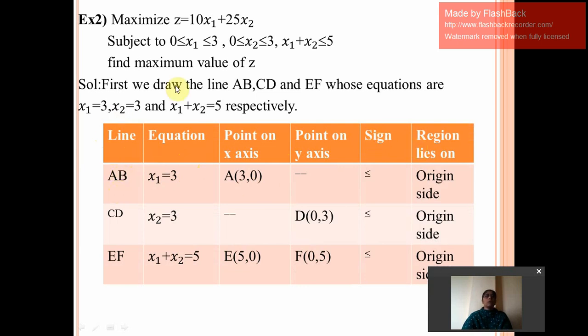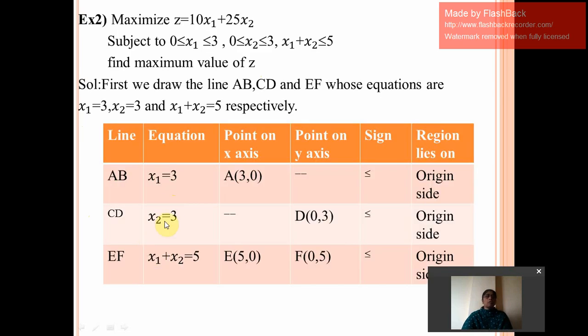First line AB, equation x1 is equal to 3; CD, equation x2 is equal to 3; and EF, x1 plus x2 is equal to 5. x1 is equal to 3 is parallel to the y-axis, x2 is equal to 3 is parallel to the x-axis. Line AB passes through the point 3, 0.